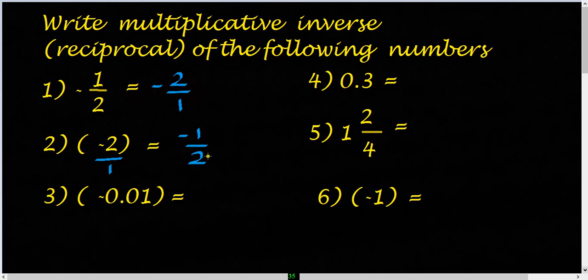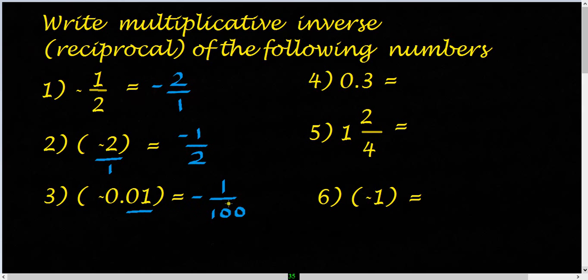Here, when you have a decimal point, first remove it. Keep this minus as it is. Remove the decimal point, as after the decimal point you have two numbers. So you'll write, no need to write 0, it is 1 upon 100. Remember, after the decimal point, if you have two numbers, you'll get 2 zeros. If it is 3 numbers, you'll get 3 zeros, according to the numbers after the decimal point. Now we have written the fraction.